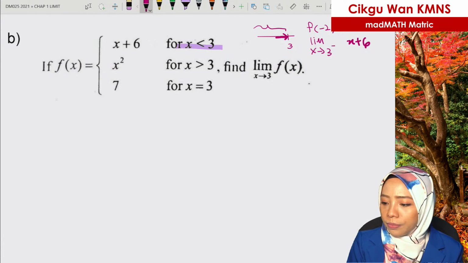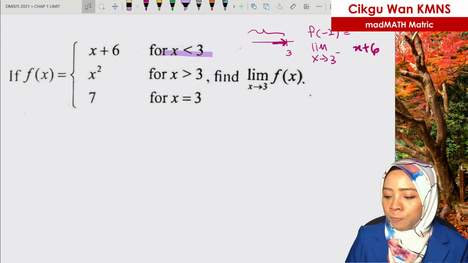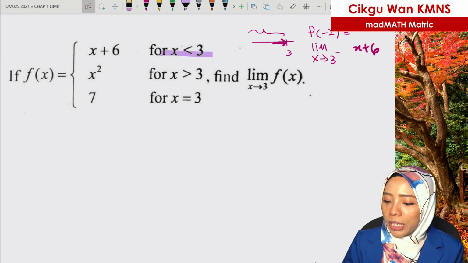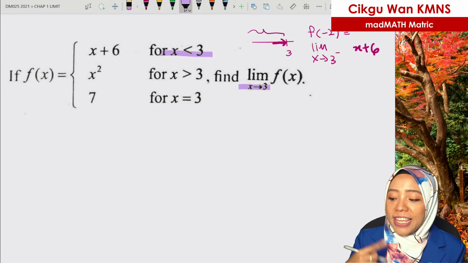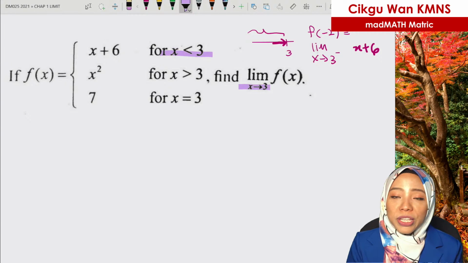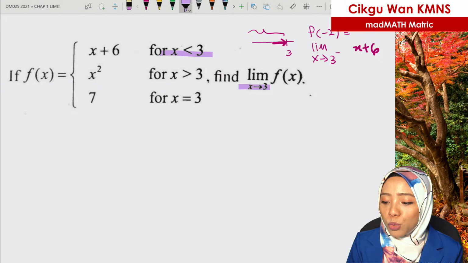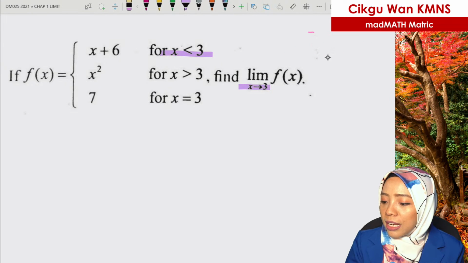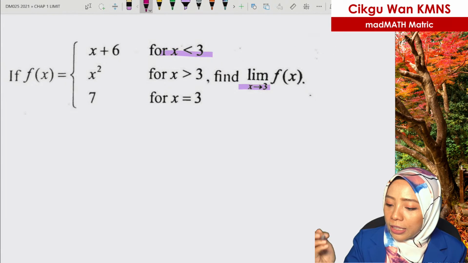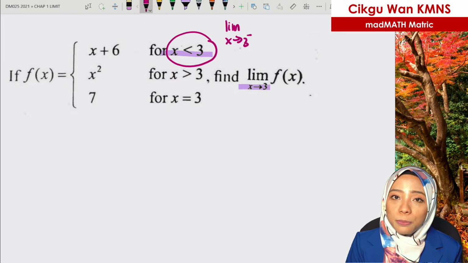Since the question is only interested in the limit as x approaches 3, I will not look at numbers like negative 2, which have no relevance. We just focus on x approaching 3. If we find less than, x approaching 3 from the left, we use the function x plus 6.